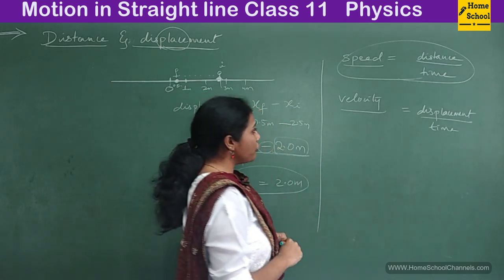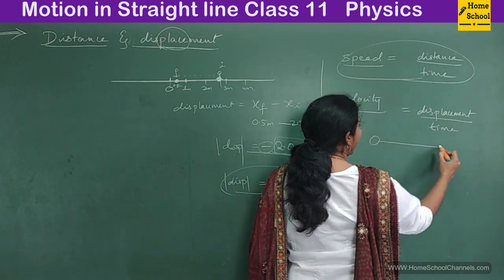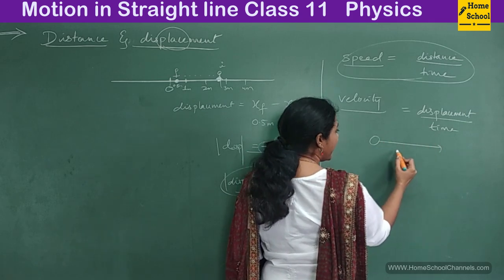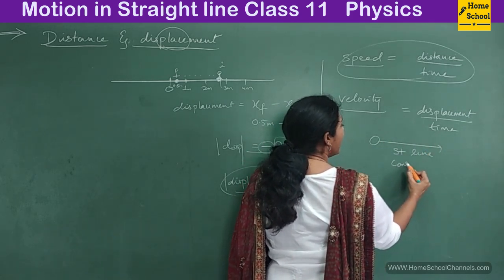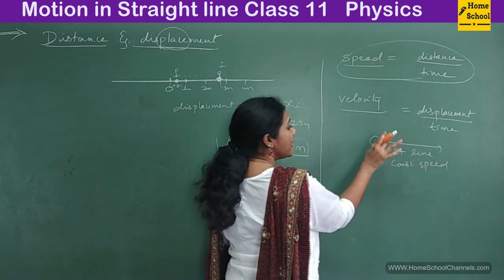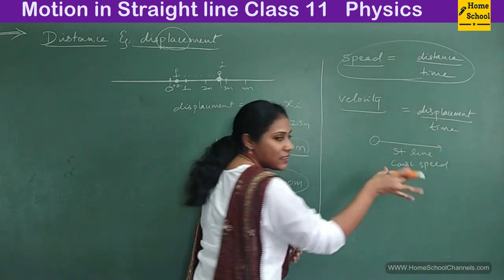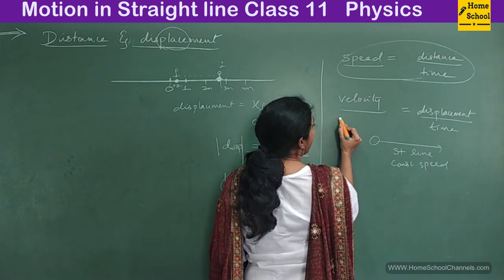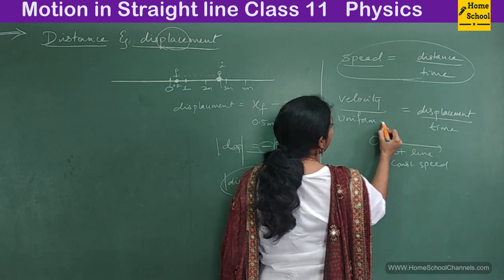Usually when an object is moving in a straight line in the same direction with constant speed, without any variation in speed, such velocity we call uniform velocity.